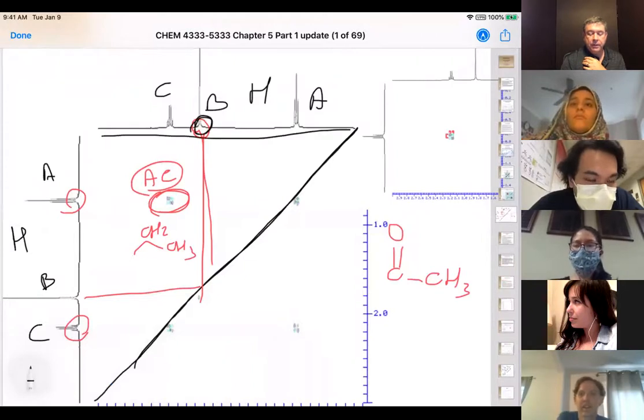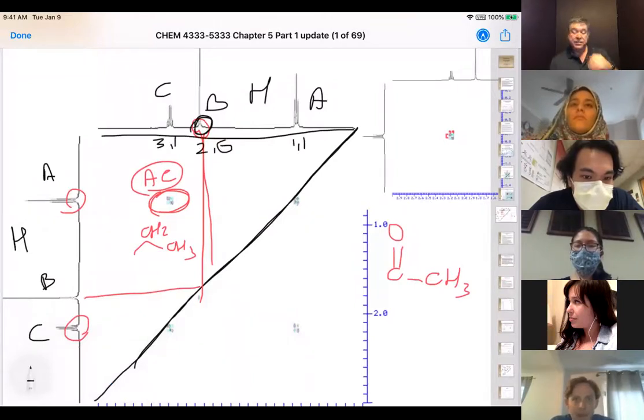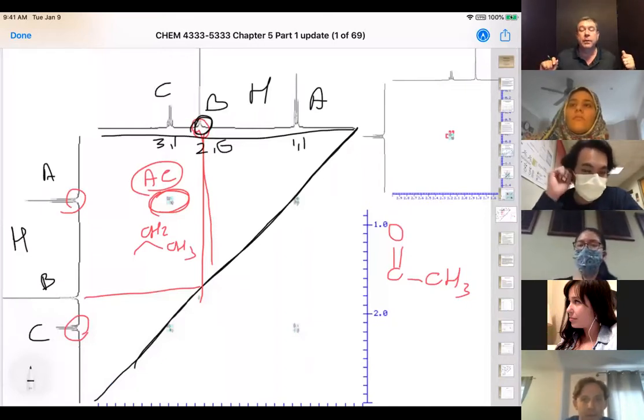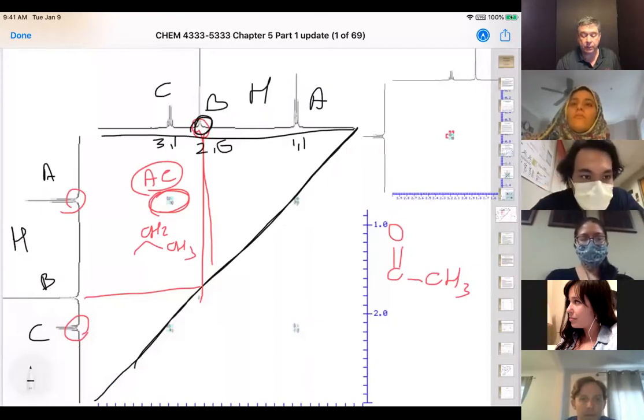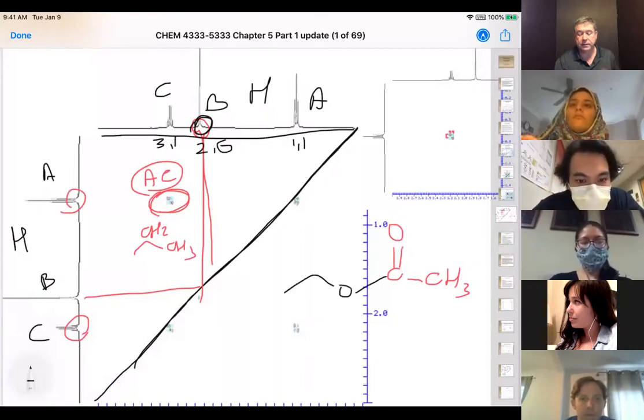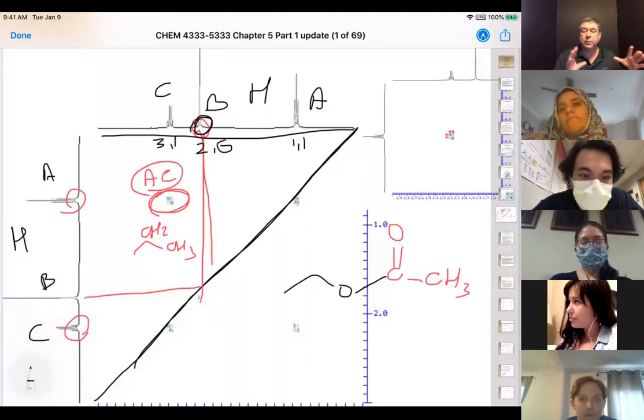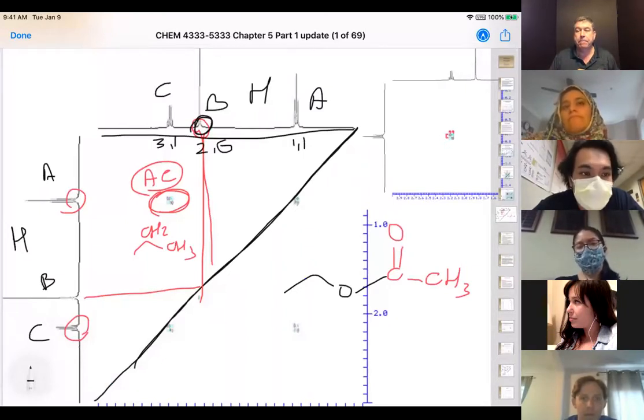I happen to know that this is 1.1, this is 2.5, and this is 3.1. So looking at the shifts in the regular 1D proton NMR, you'd see the shifts correlate to something you'd expect. What we probably have in this is ethyl acetate. But it was just an example. I just wanted to show you the correlation on this, not necessarily the absolute shift. Okay?